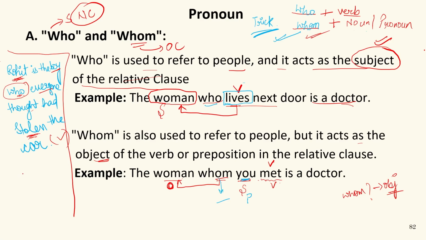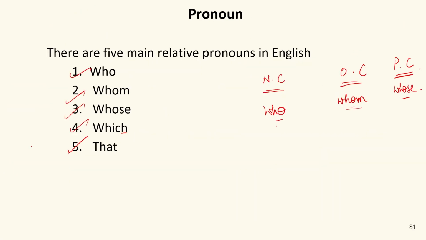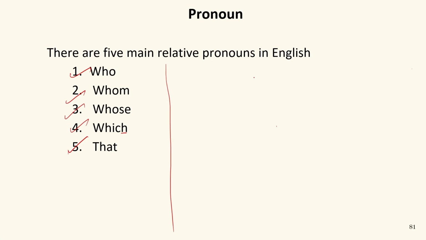Now we can also relate it with the sentence with a trick. Let me elaborate this here. What's the trick? Let me discuss it with you again. Let us remove this and let us frame this trick over here. Suppose we have a subject, or we have a noun or pronoun over here.